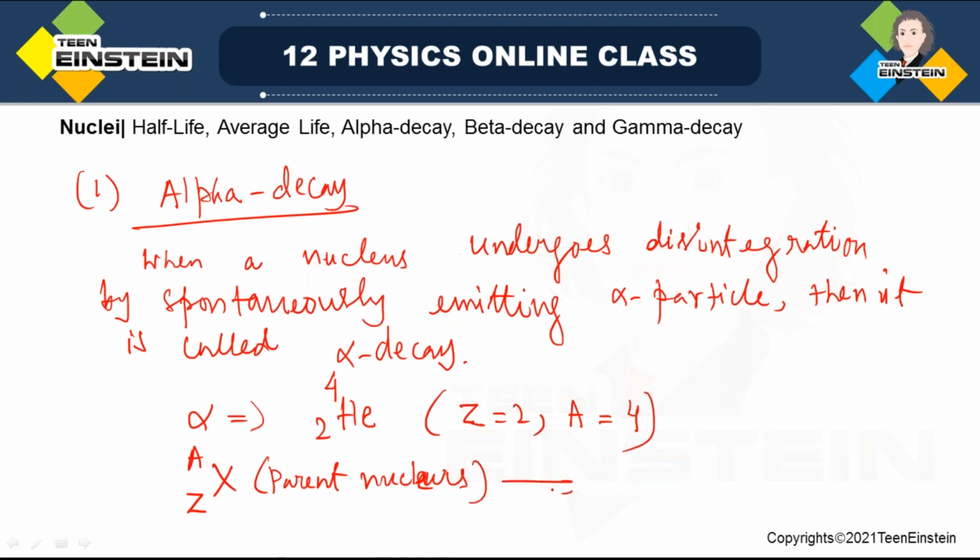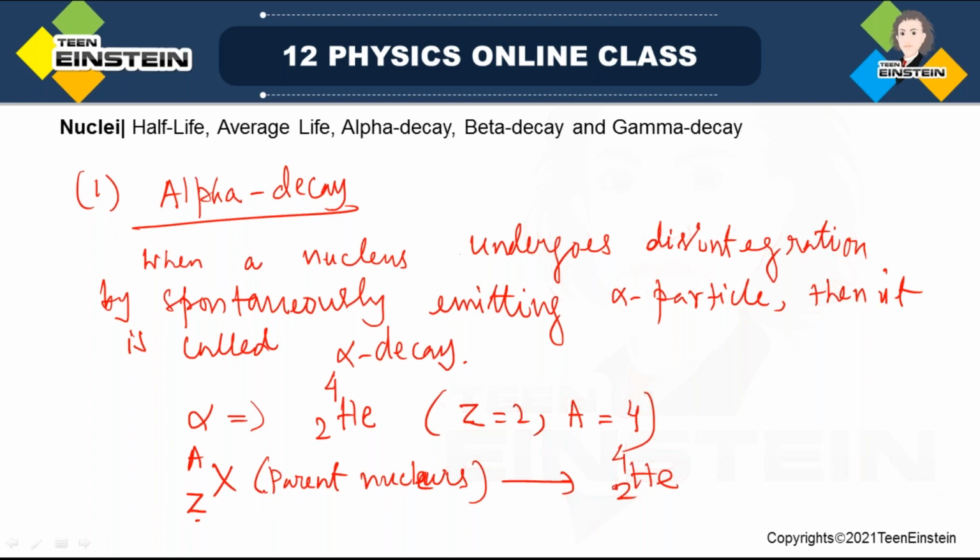Suppose it spontaneously emits one alpha particle, that means 2He4. When it emits an alpha particle, it is releasing 2 protons, so Z will be reduced by 2.